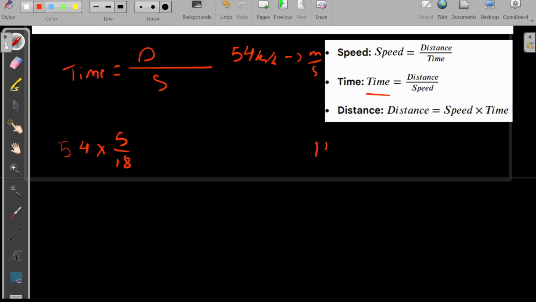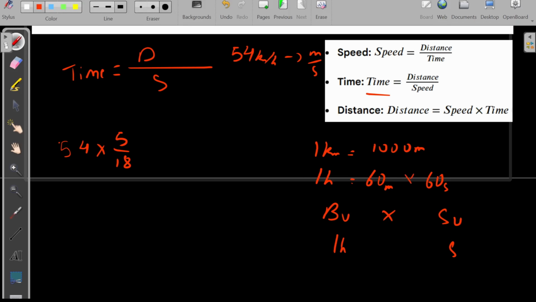Well, we know that 1 kilometer equals 1000 meter, and in 1 hour there's 60 minutes, and in 60 minutes there is 60 seconds. So whenever we try to move from a bigger unit to a smaller unit, we multiply. In our case, 1 hour is bigger than second.